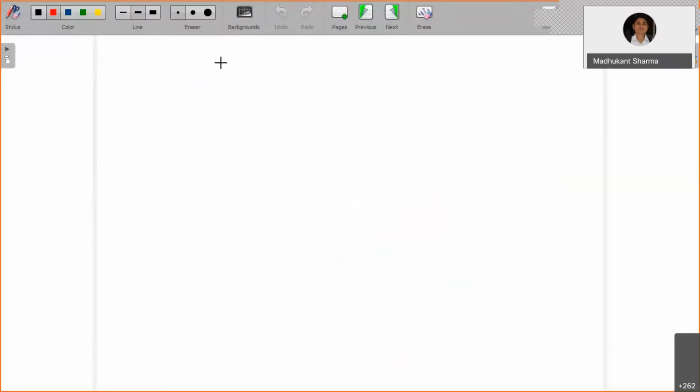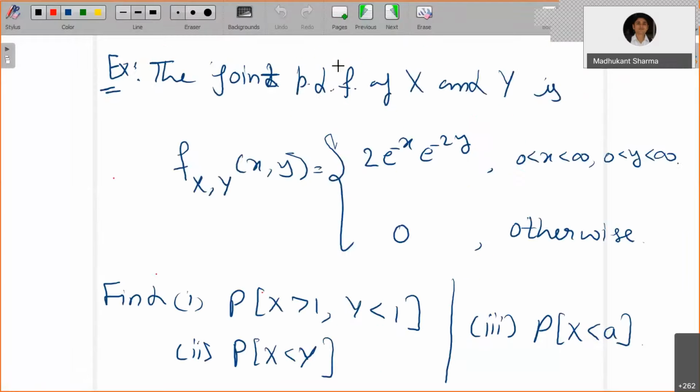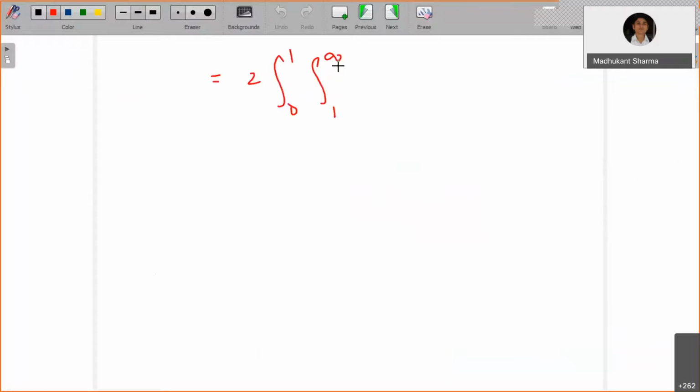So that equals 2 times the integration from 0 to 1, integration from 1 to infinity, of e to the power minus x into e to the power minus 2y, dx dy.